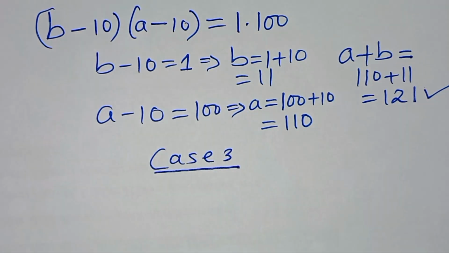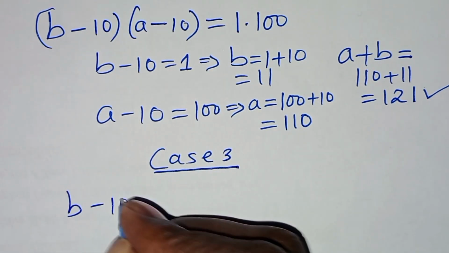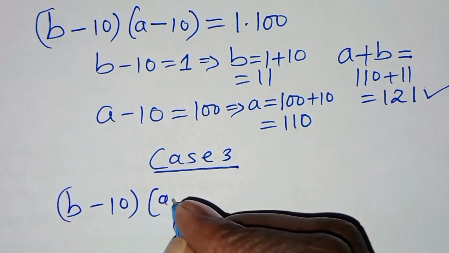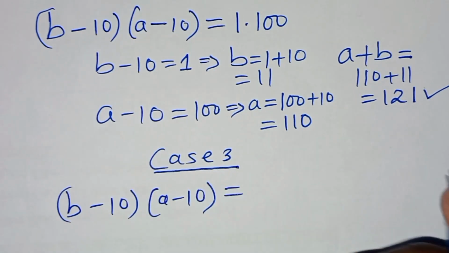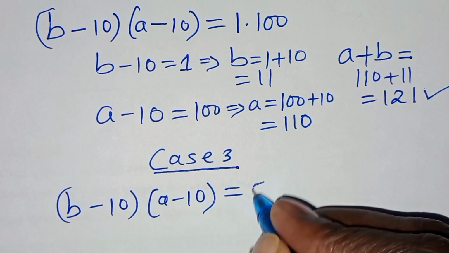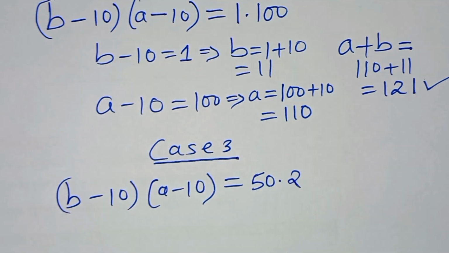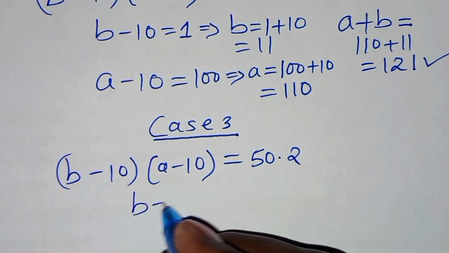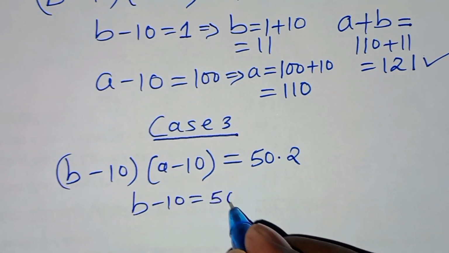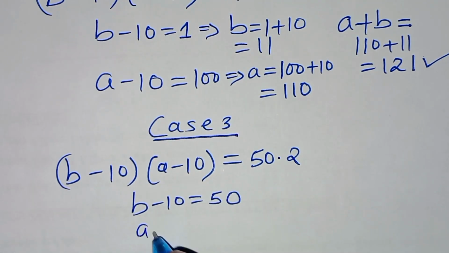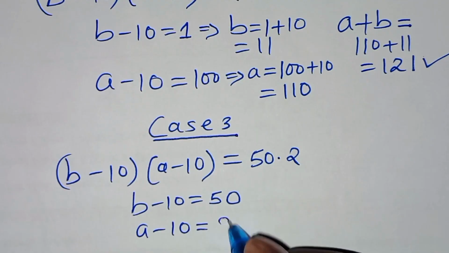Now, case 3, we have (b minus 10)(a minus 10) equal to 50 multiplied by 2. So in this case, b minus 10 is equal to 50, and a minus 10 is equal to 2.